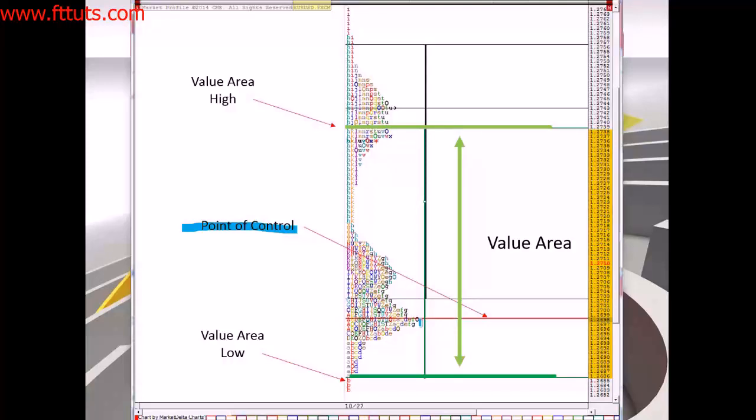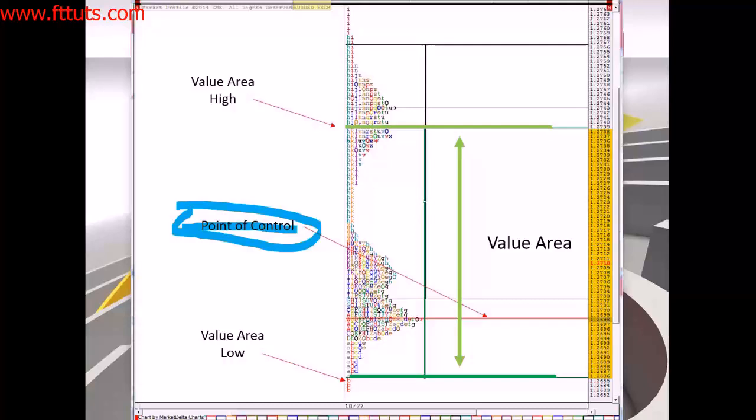And as a result, this gives us our point of control. All right, and the point of control tells us that this is really the price level where the market visited for the greatest number of activities, greatest number of TPOs during the session.